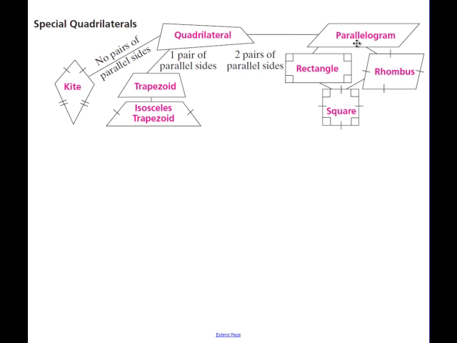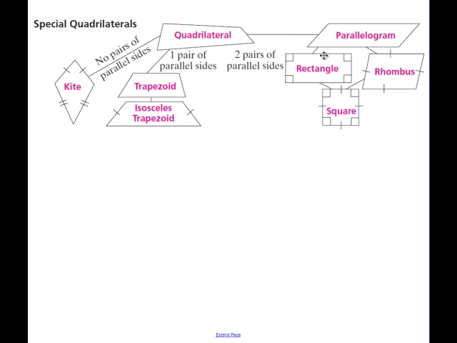If we're only told that these two sides are congruent and that these two sides are congruent, we can prove that the shape is a parallelogram, and therefore all those other properties are true, the bisecting diagonals and the congruent opposite angles and things like that.